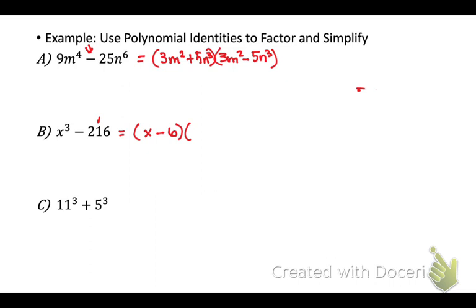So now what? x squared, plus, opposite sign. Good job. Then 6x, you multiply. Plus 36.